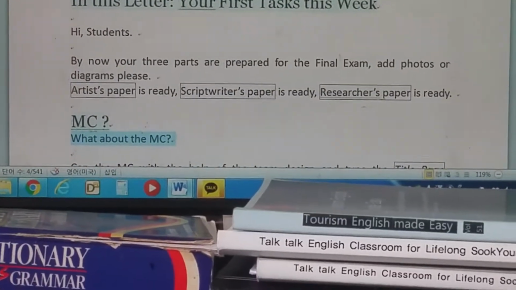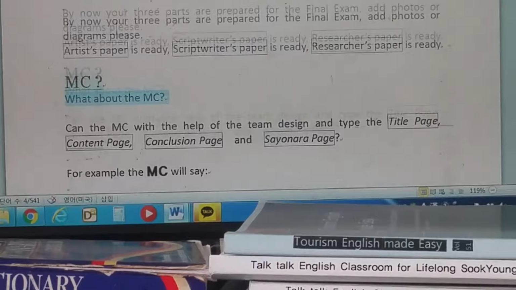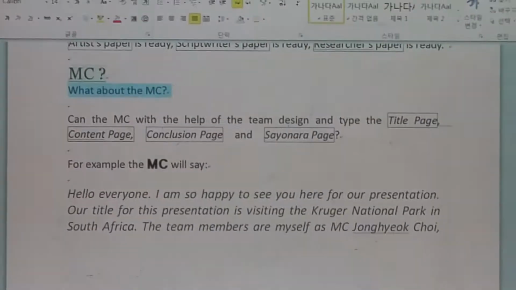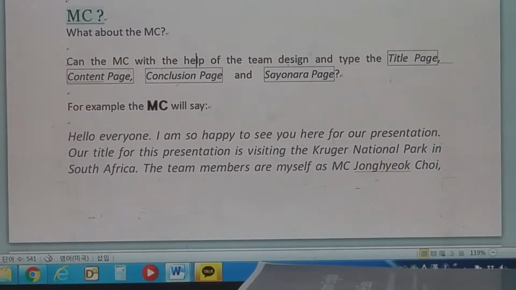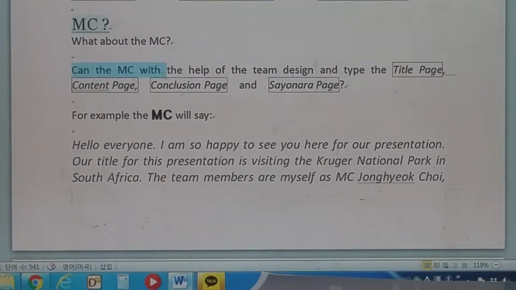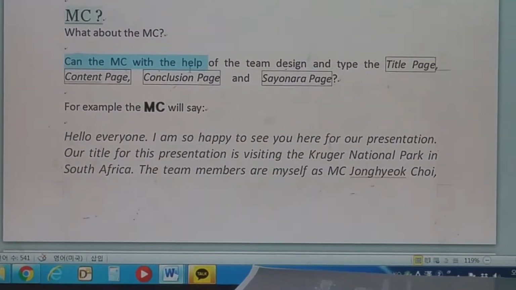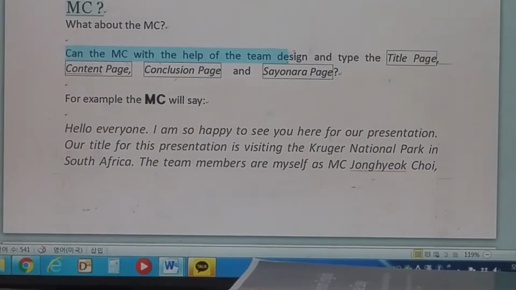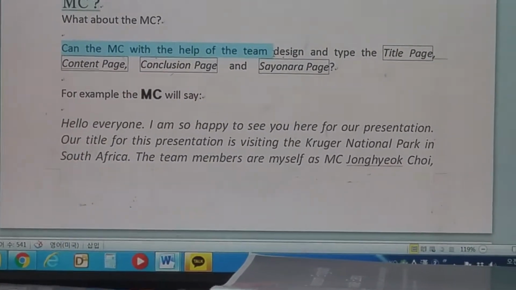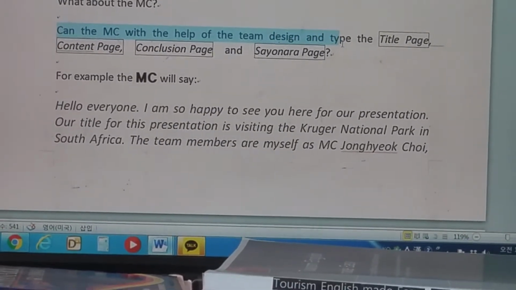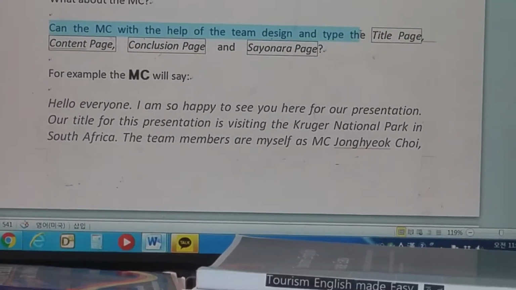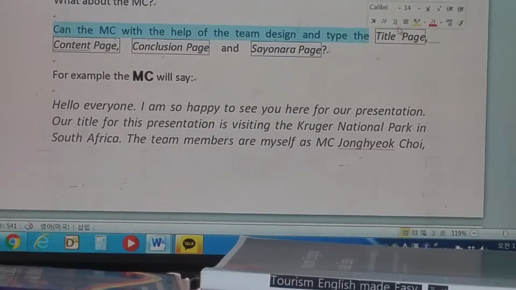This is what we are asking: can the MC, with the help of the team, design and type four pages?